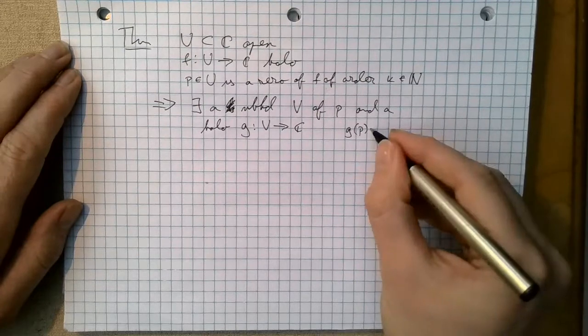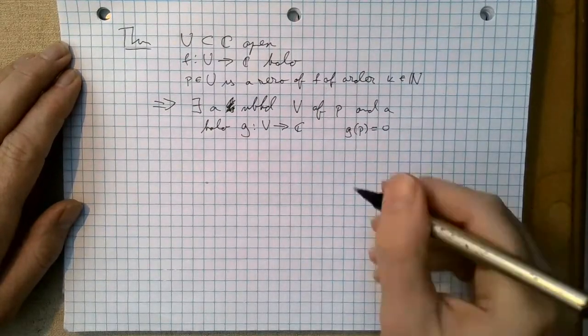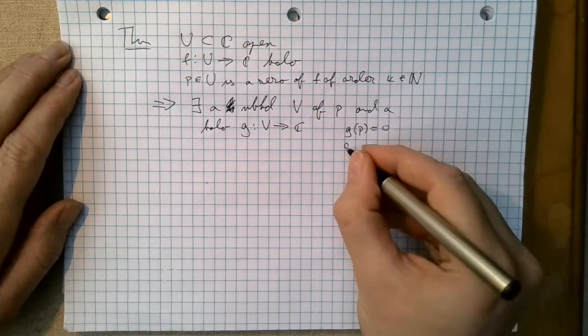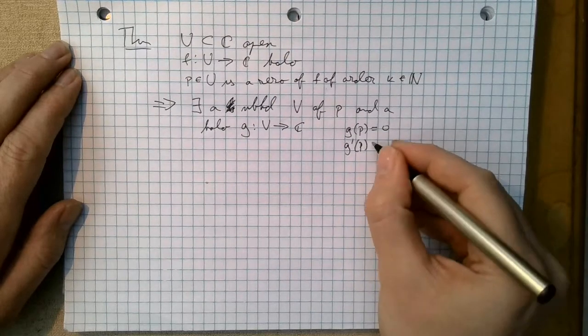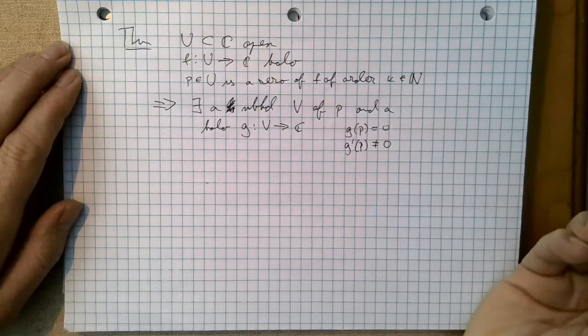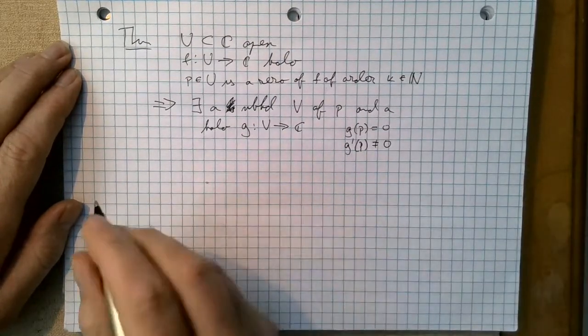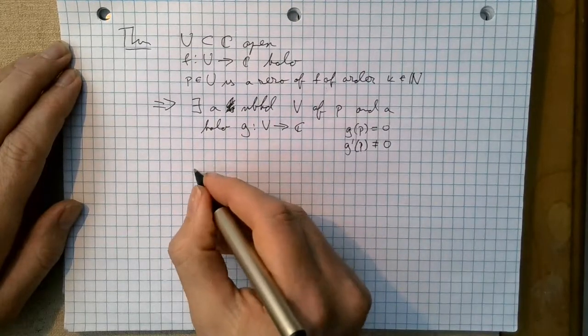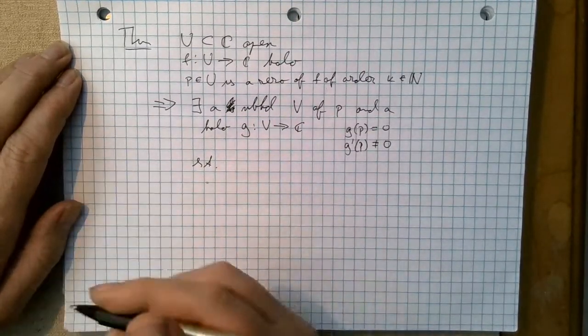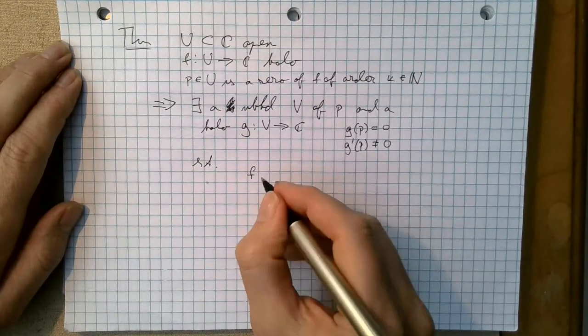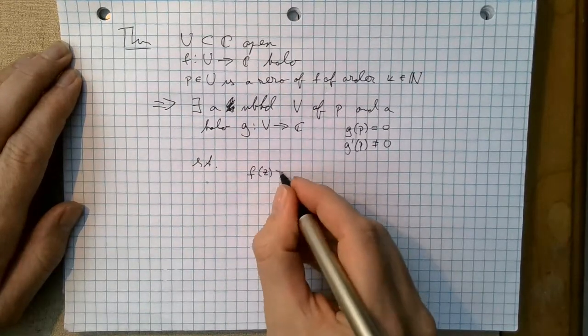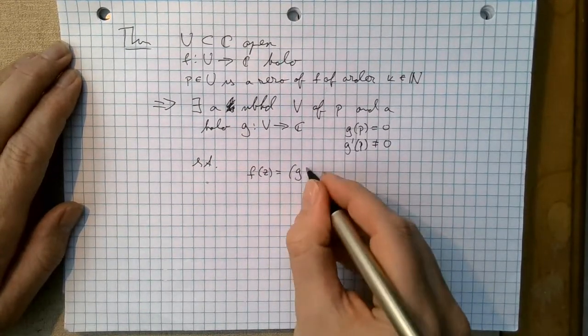That's going to be unavoidable, but g prime at p, so the derivative, is not going to be 0. Such that, so what is g supposed to do? g is supposed to be the kth root of f.